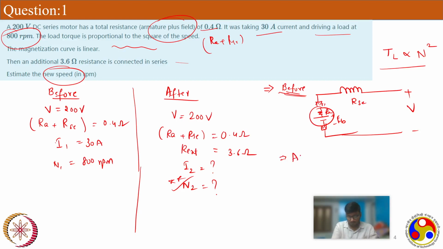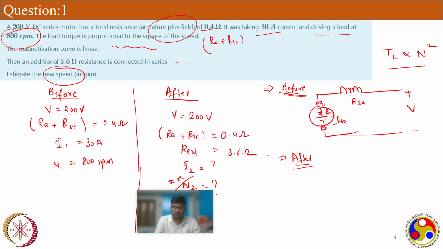And after, this is after adding the external resistance: RSE plus R external.